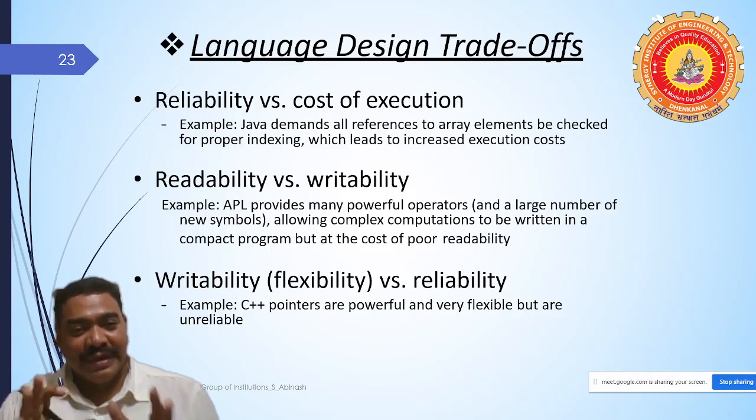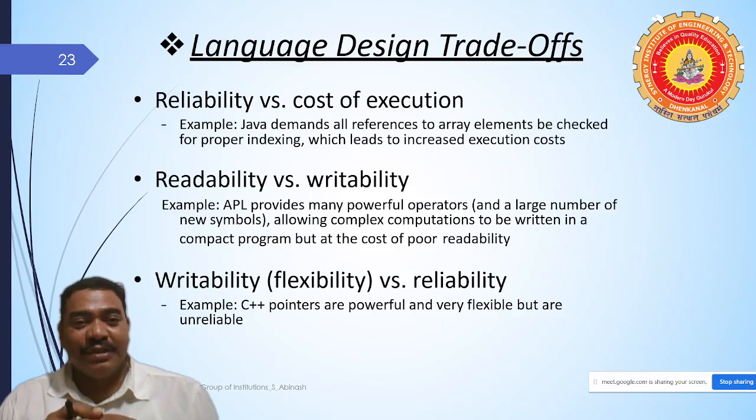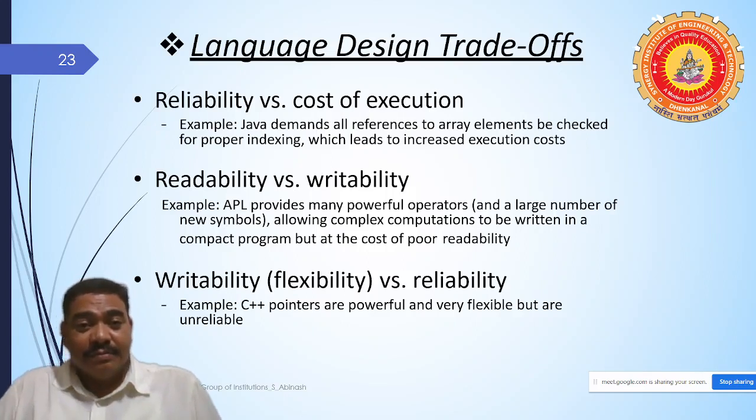So the cost will be there along with program readability. For example, Java demands that all references to array elements be checked for proper indexing, which increases the execution cost. So when the program becomes large, or it takes more execution time, then the cost of execution will also be more.